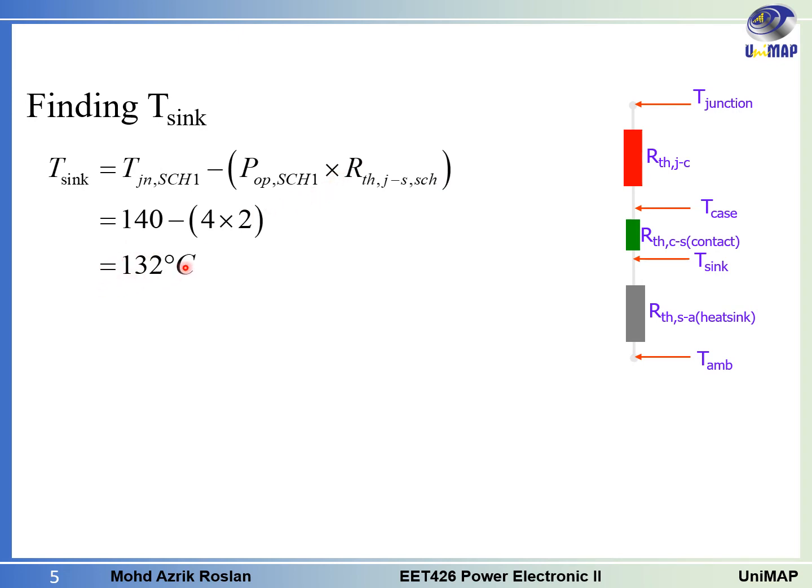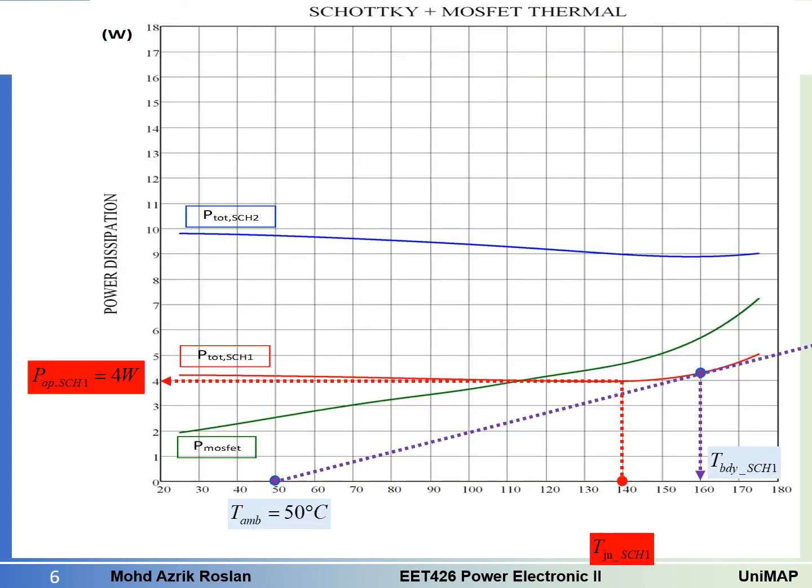So the value that we get for T-sink is 132 degrees C. So this is the junction temperature, and based on the thermal resistance that we have, we will get the T-sink equals 132 degrees C.